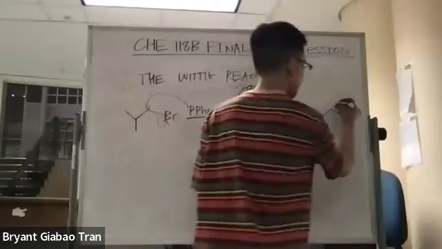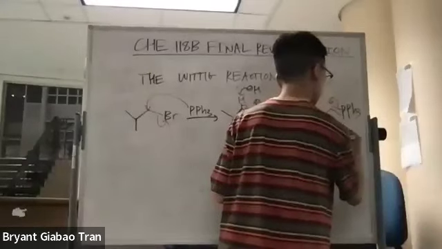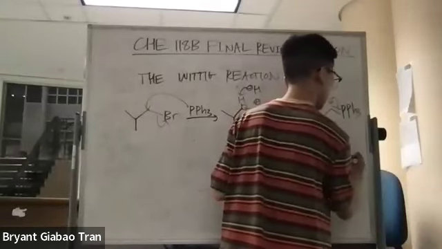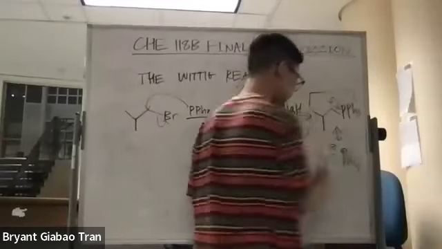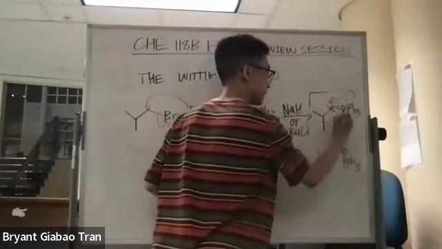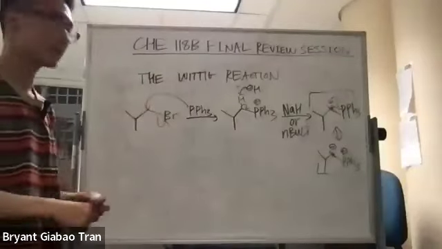When we look at the resonance structure of this ylide, we will see that there is a negative charge on the alpha carbon and a positive charge on the phosphorus. So whenever you see the ylide, think of that ylide as the nucleophile. This carbon here is the nucleophilic atom for this mechanism.